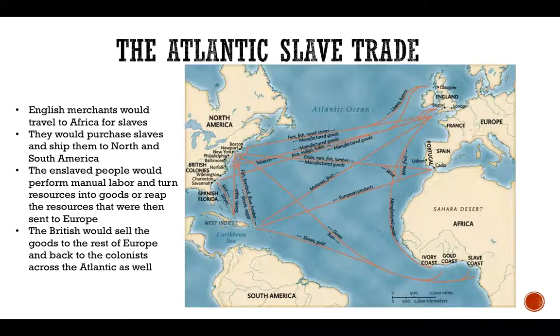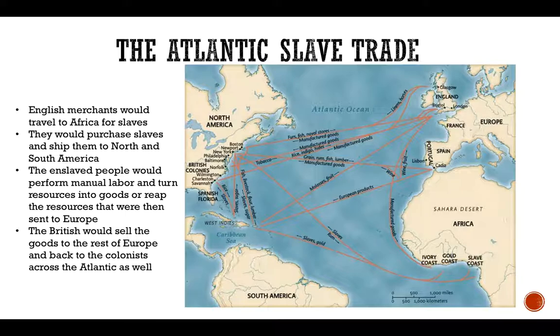They would bring them across, have them sold out once they reached port, and then the goods that were manufactured by these enslaved people, the raw materials being picked and sort of rough creations being created on these plantations, they would then be sent out to Europe.